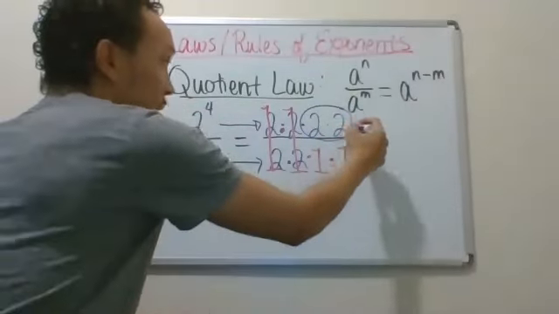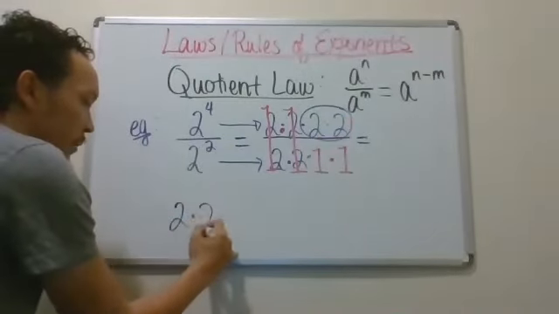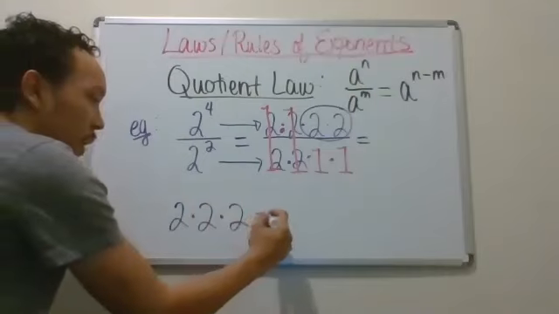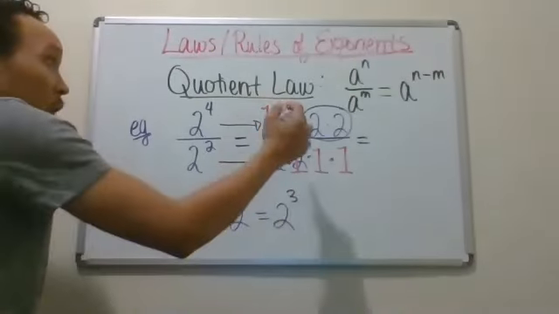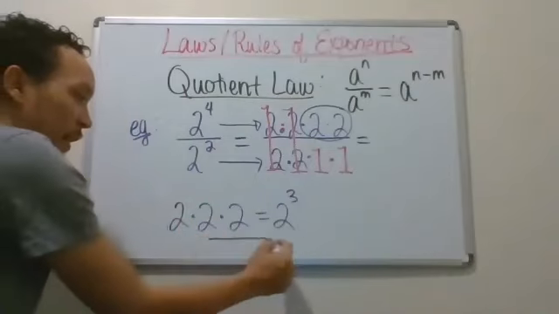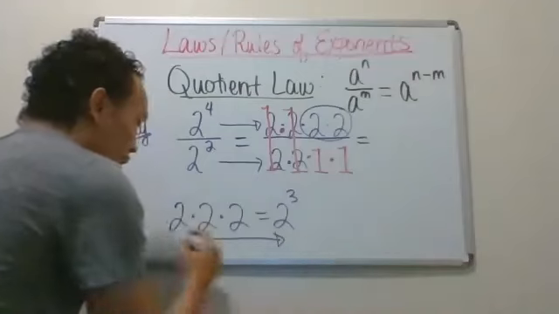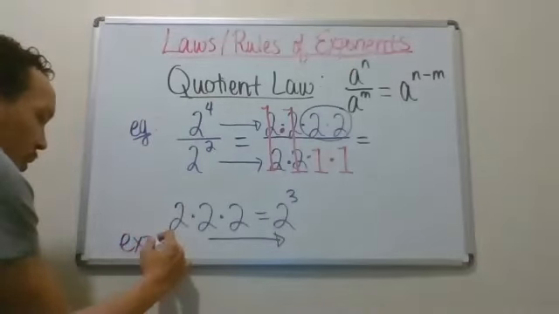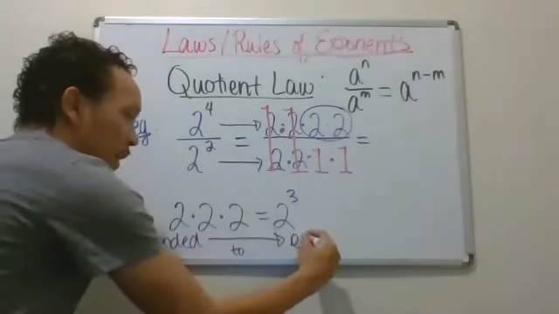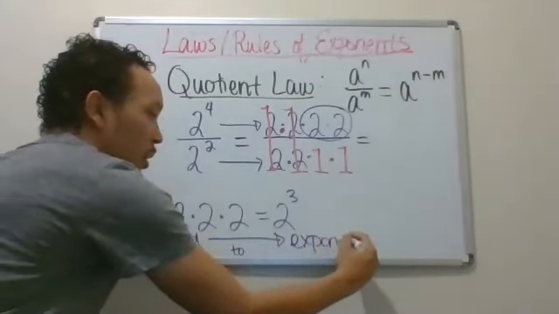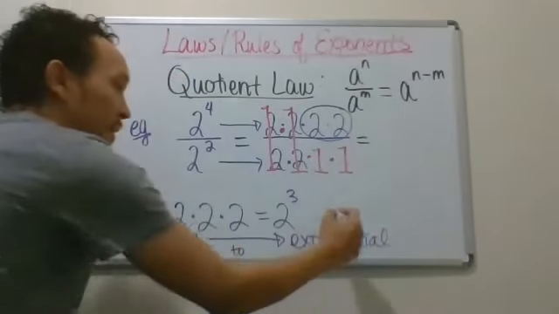So the process of going from 2 times 2 times 2 is equal to 2 to the 3rd. The process of going from expanded form to exponential form, we call this condensing.